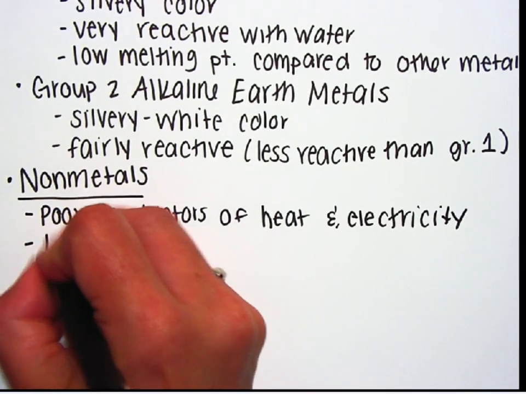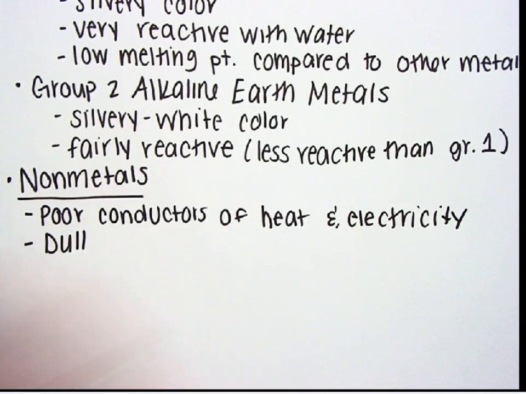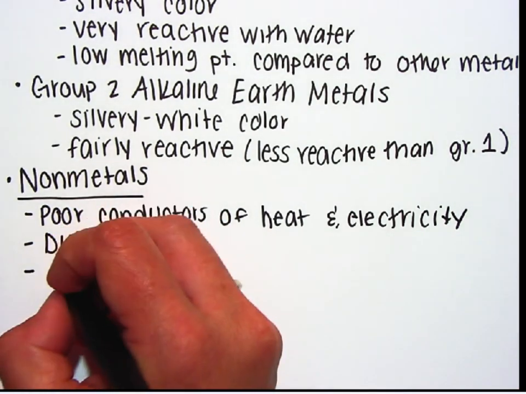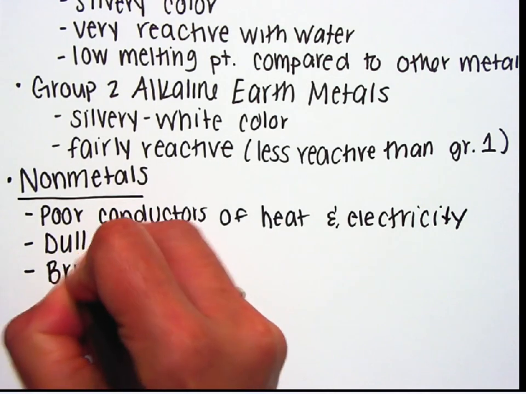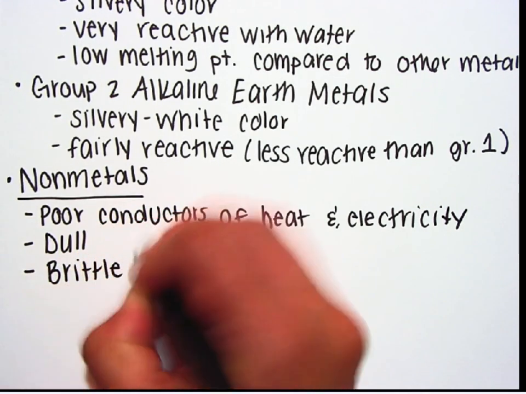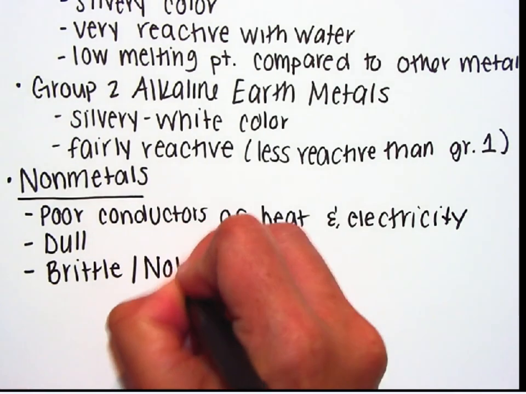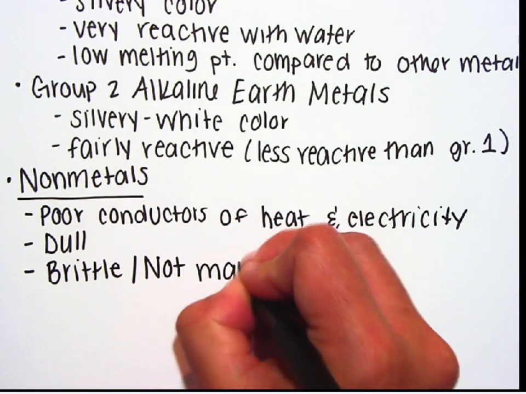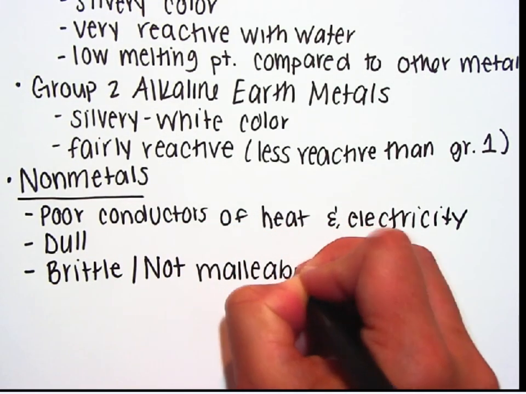Metals are shiny. Nonmetals are dull. Metals are malleable. Nonmetals are not.